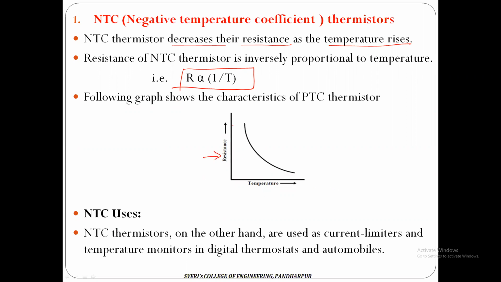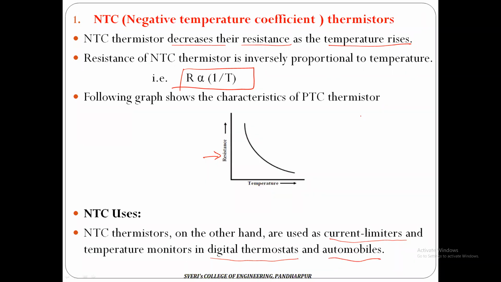As temperature increases, resistance decreases. So NTC thermistors, on the other hand, are used for current limiting resistors. Is it right? Now see what are the applications of that NTC type of thermistor? It can be used as a current limiting resistor, or it can be used in a digital thermostat or automobiles.